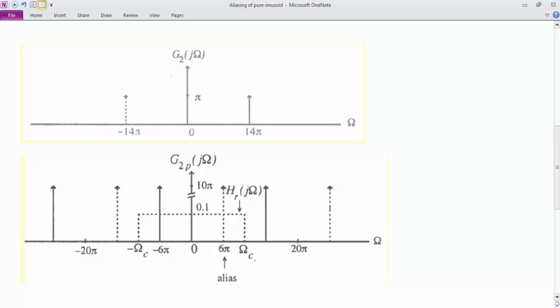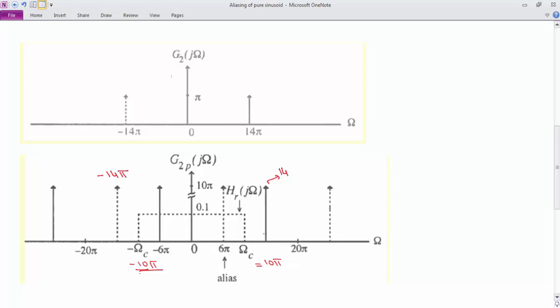So we'll have to pay attention to the different values. Again, we have the same thing, that omega c, the cutoff frequency, is 10 pi and minus 10 pi. Now you get one copy. This is your first copy of your spectrum around 0, and this is 14 pi, and this is minus 14 pi.